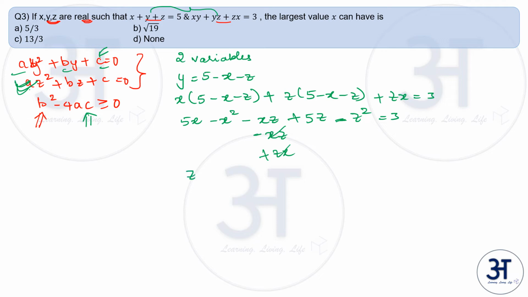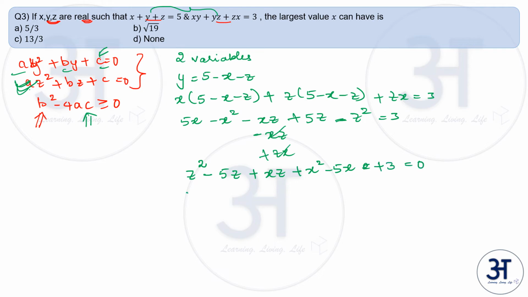Then we have z square minus 5z plus xz plus x square minus 5x equal to minus 3. It comes this side and becomes plus 3 equal to 0.